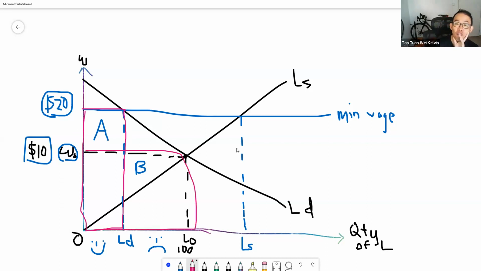For most cases, you can conclude that area A is obviously smaller than this entire area here. So in this case, the firm's wage expenditure should be lower. This is how your graph should be shown. Hope that's clear. So make full use of the graph when you write your words.